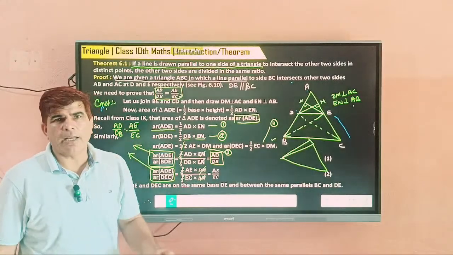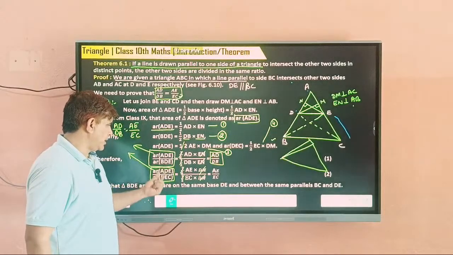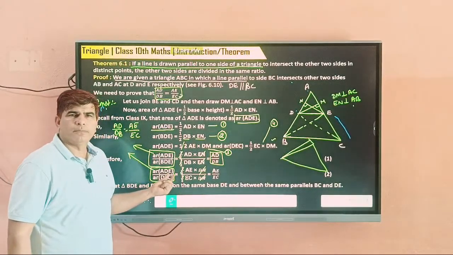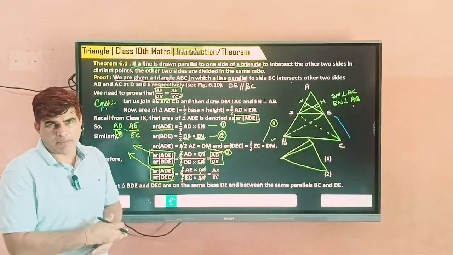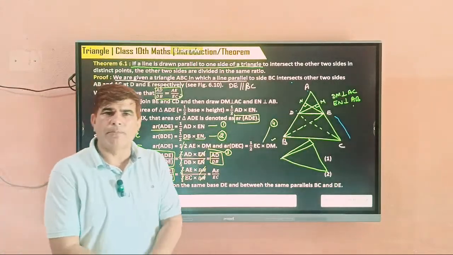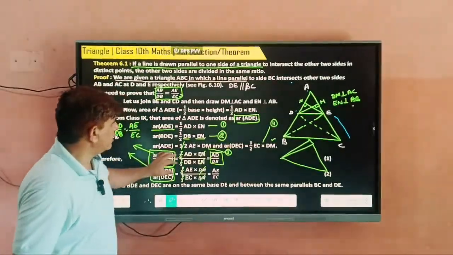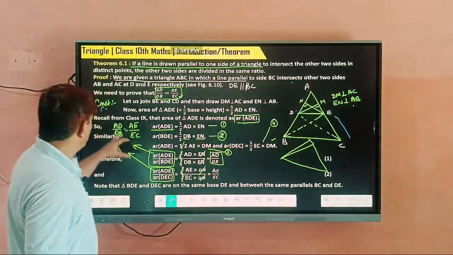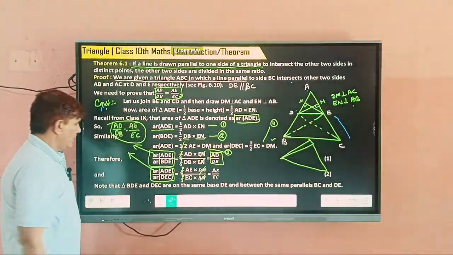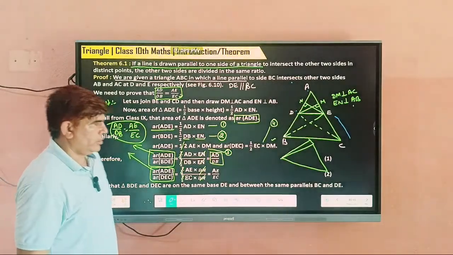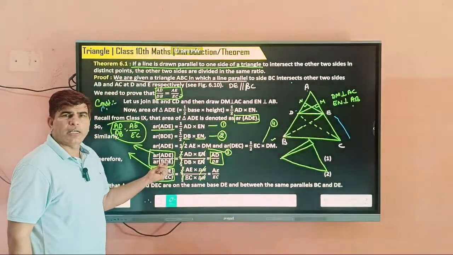If we can prove the area of this triangle and this triangle are equal, then numerator same, denominator also same, so it satisfies that property. Understood?